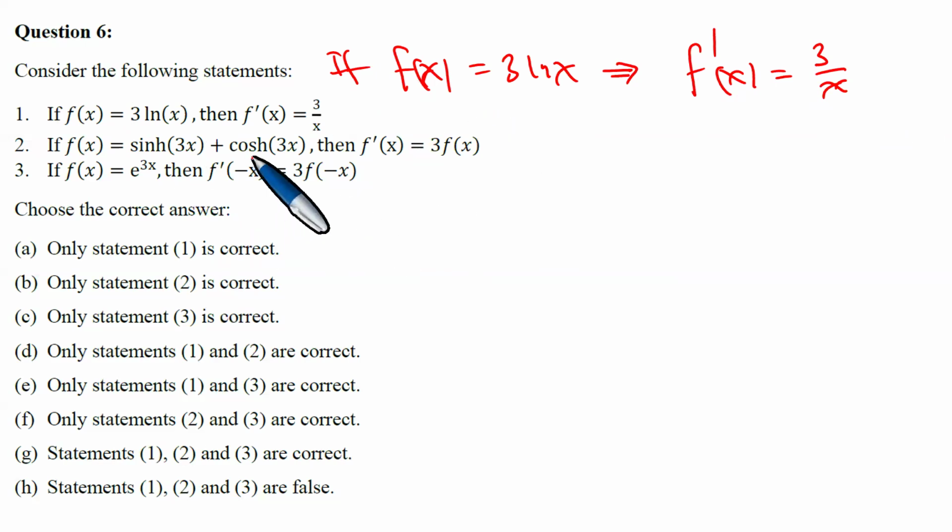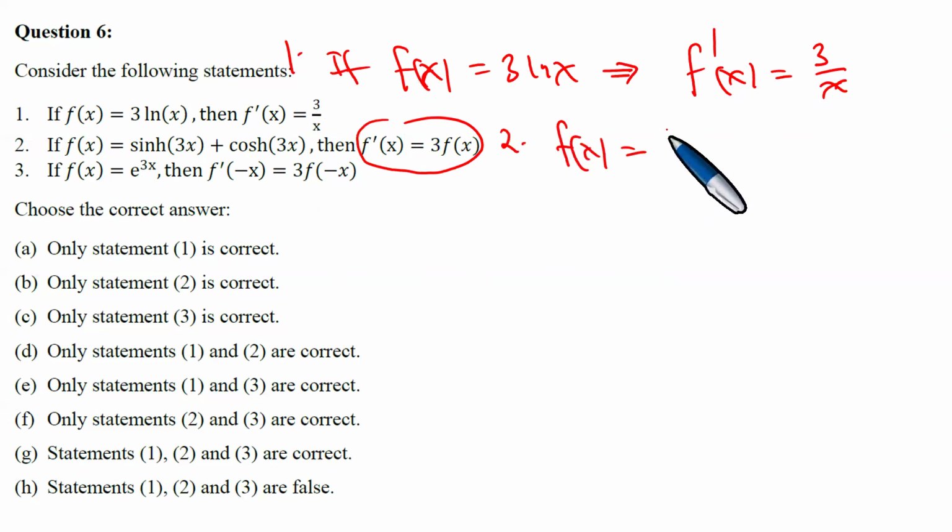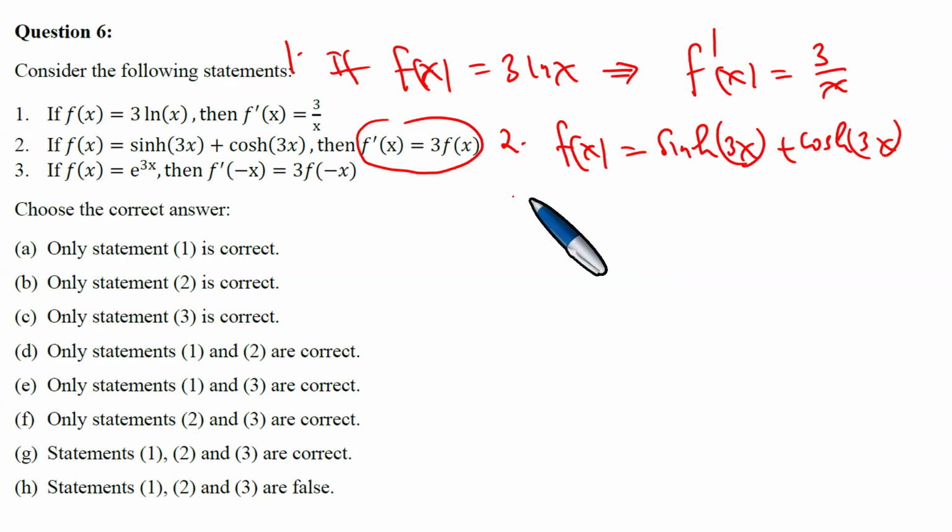Simultaneously, if ever f of x is this, then is the derivative equal to 3 times the function? So we need to investigate that part, because this was in part 1, and in part 2, we have f of x, which is the hyperbolic sine of 3x plus the cosh of 3x, which means that we have f prime of x.